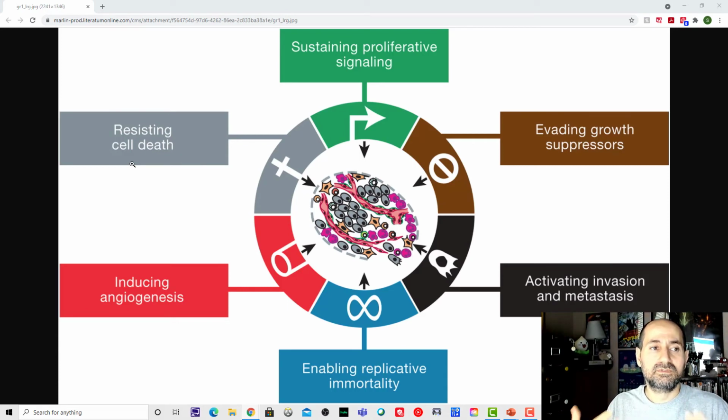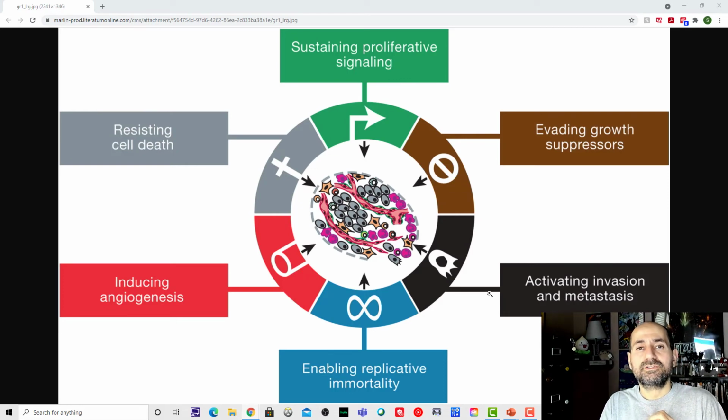They don't incur cell death, programmed cell death either. Once a cell has incurred these insults and lost this kind of control, this is full-fledged cancer, and it's very aggressive and it spreads everywhere in the body. Another thing is, let me explain a little bit more about activating invasion and metastasis. I just want to explain a little bit to you.